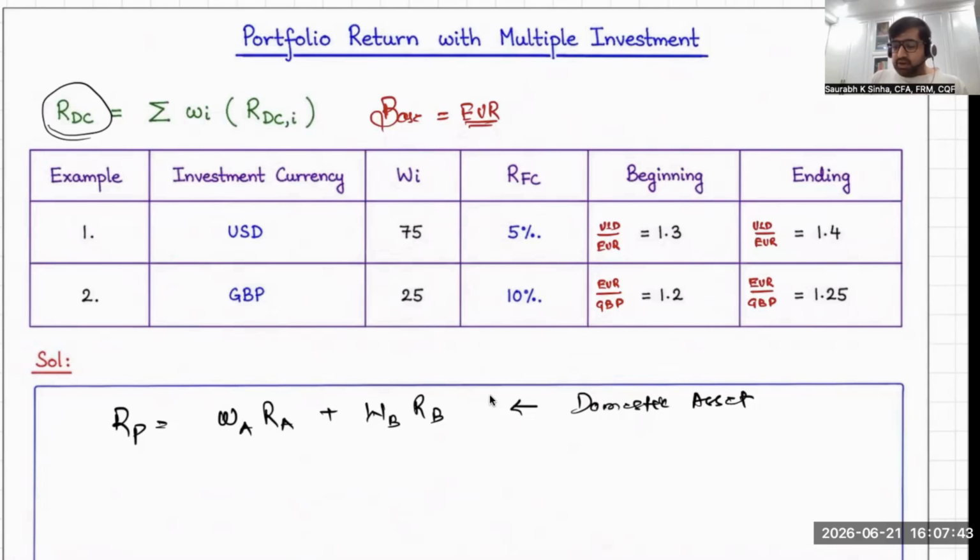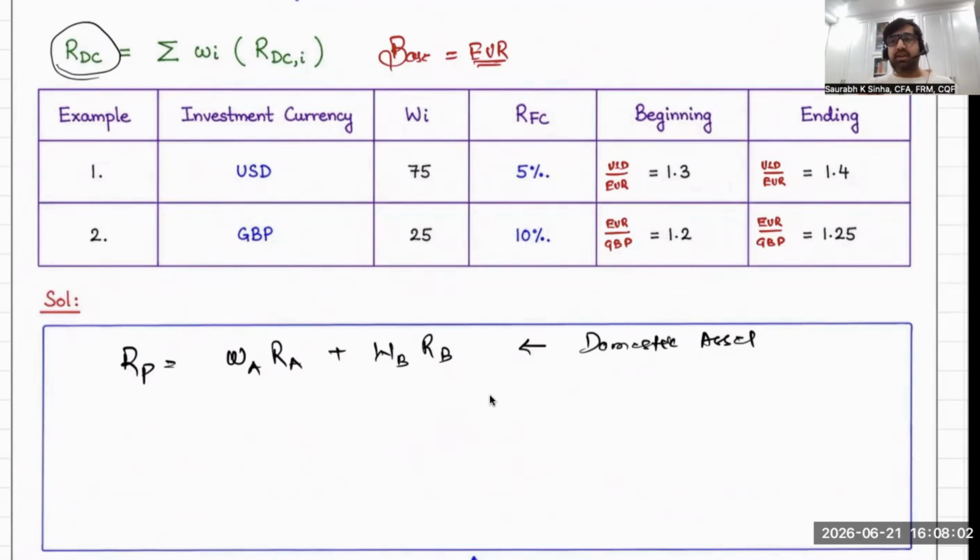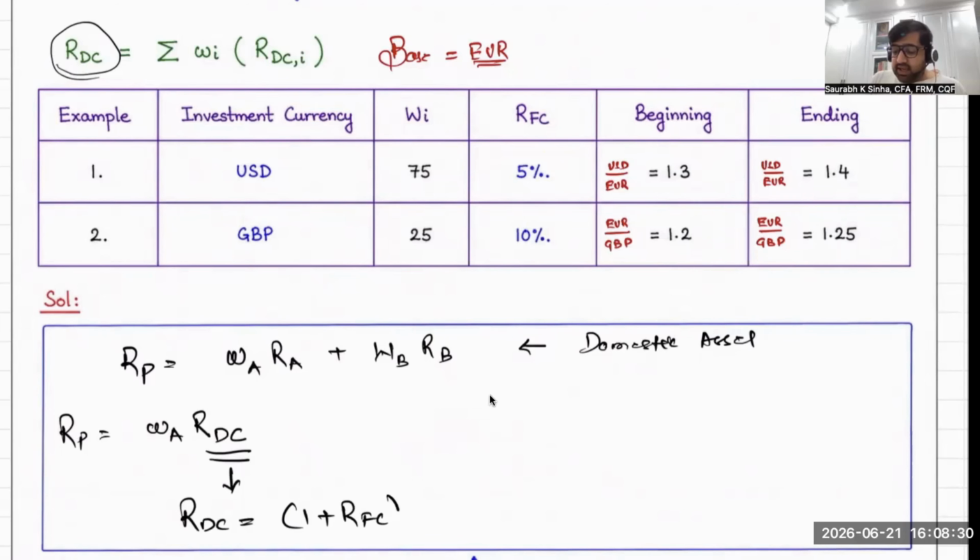But if you're investing in foreign assets, then the formula for the portfolio is the weight given to the first asset, the foreign asset, times the return of the foreign asset in what? In the domestic currency term, not in the foreign currency, right? And we just saw that the return in the domestic currency is equal to (1 plus RFC)(1 plus RFX) minus 1.